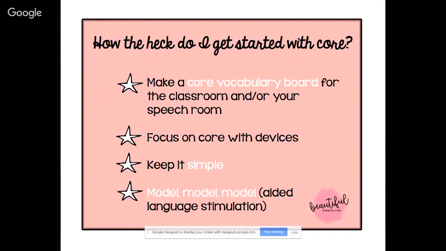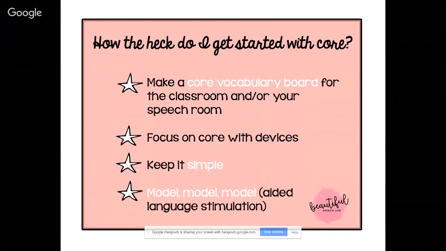You can focus on using core with your kiddos' devices, and remember to keep it simple, because we're working with kids that have multiple disabilities, and they take longer to process, so it just takes them longer to learn things. So they're going to need a lot of repetition. So I like to start simple.